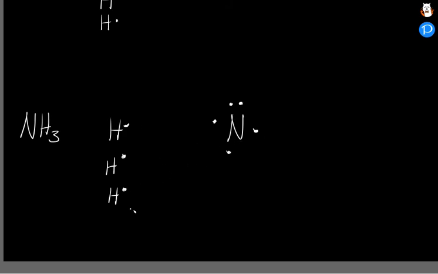So it should be pretty obvious again. I'm going to have a hydrogen that's going to want to bond here, another hydrogen that's going to want to bond here, and a hydrogen that's going to want to bond here. Forms a bond on each one, and if we count up, they should all have a full octet. Hydrogen has 2, this hydrogen has 2, this hydrogen has 2. Those are good. Nitrogen, 1, 2, 3, 4, 5, 6, 7, 8. And that one is done as well.